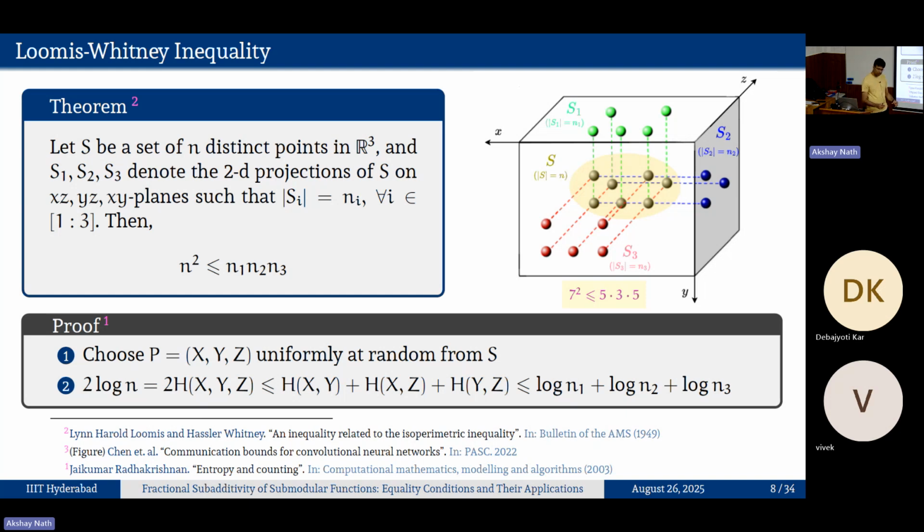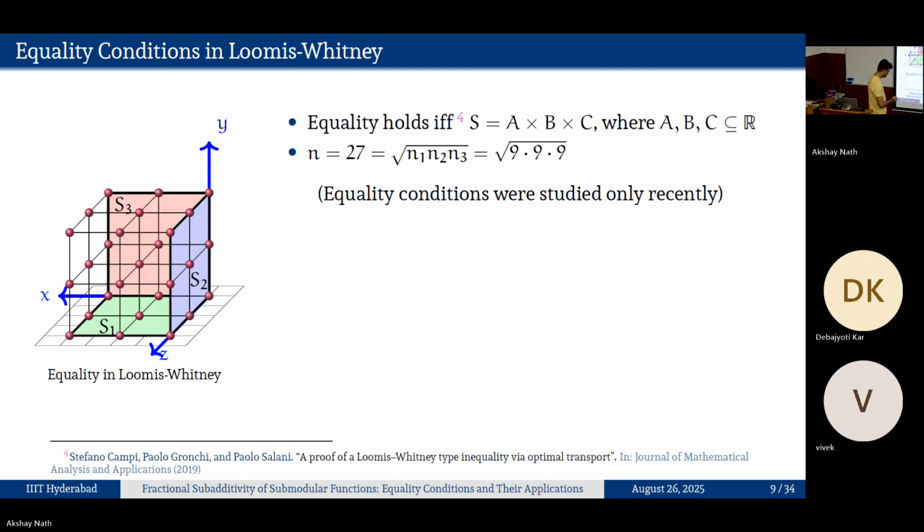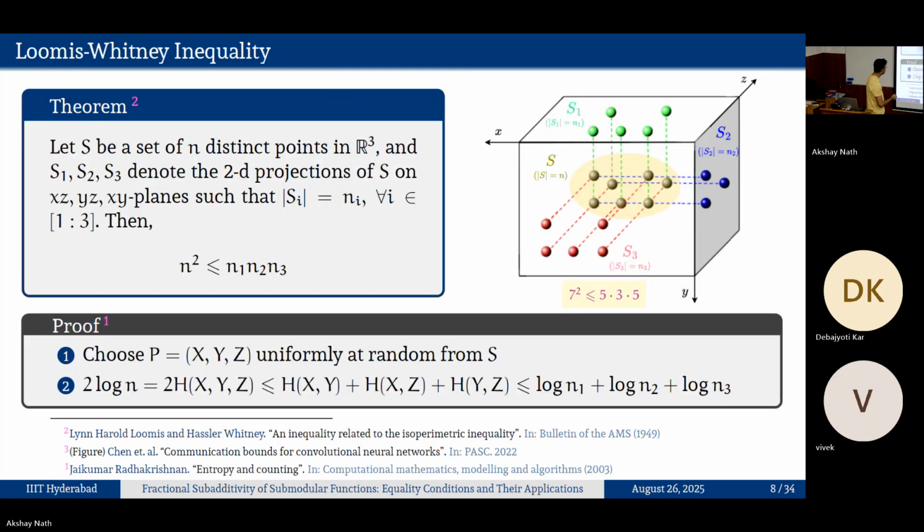Suppose you have n points. You assign a distribution onto these n points such that it picks each point uniformly at random. So the joint distribution of x, y, z is uniform over the set of points.